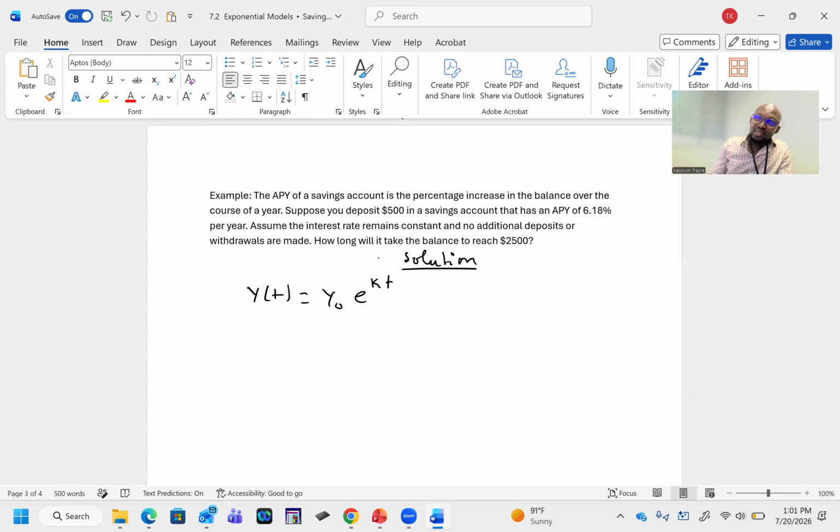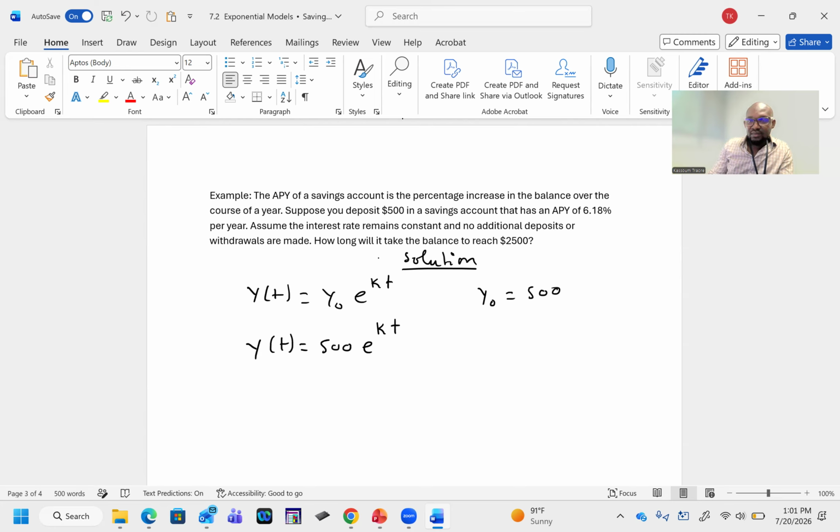In this case, the initial savings deposit is 500, so that means my y0 is 500, right? So we need to find again k, which is the growth rate. So we know our equation would be y(t) equal to 500 e to the power of kt.